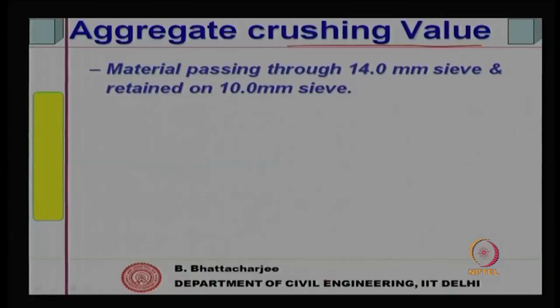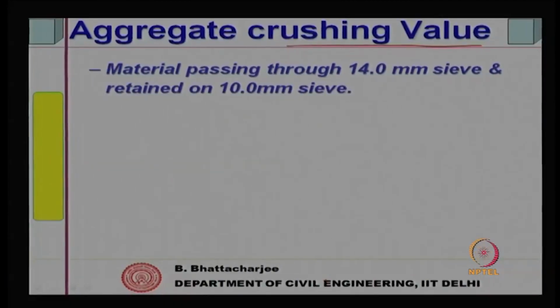The second issue is, if the aggregates are in aggregation form, it is very difficult to measure their strength as such. So, what we do is compare two aggregates using a test called the crushing value test. There is another similar test called the aggregate impact value. The crushing value test is very commonly used.